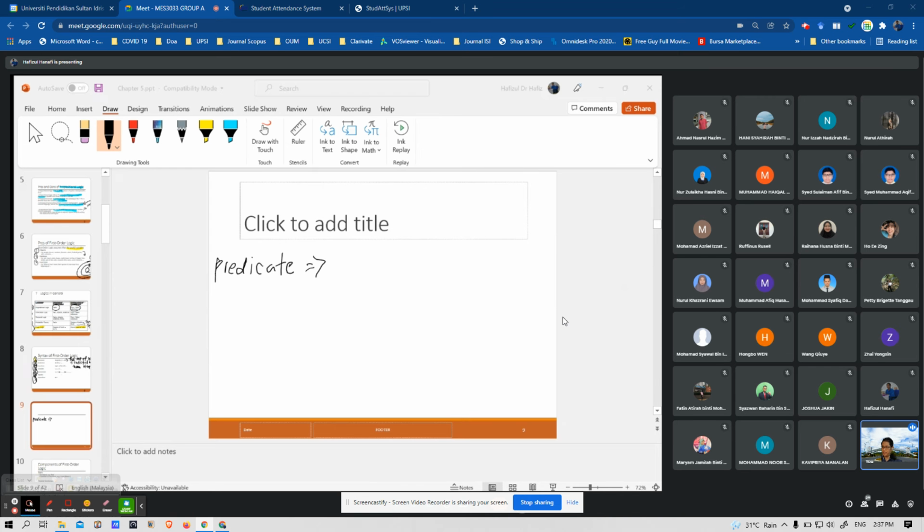Predicate is basically a symbol which represents a property or relationship.